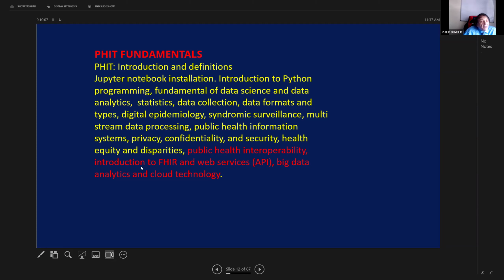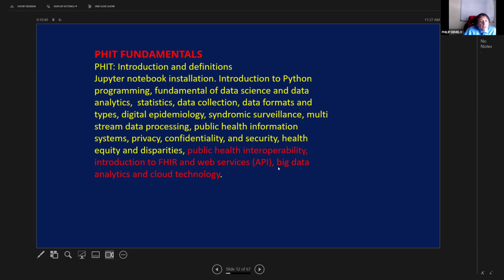We introduced them to FHIR. This is one of the most useful protocols now for data exchange, and the use of web services or application programming interfaces, because the application programming interface is the same as the web services. So we teach them all these kinds of things and how we use FHIR and API to move data from one point to another, and to store them in different data repositories.